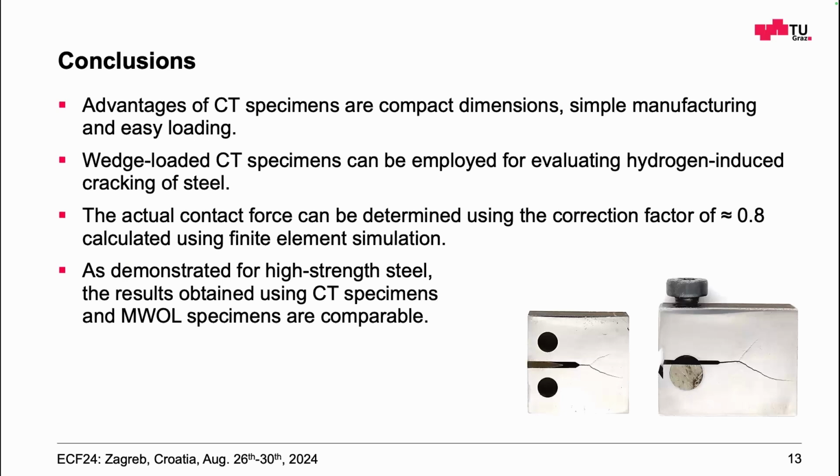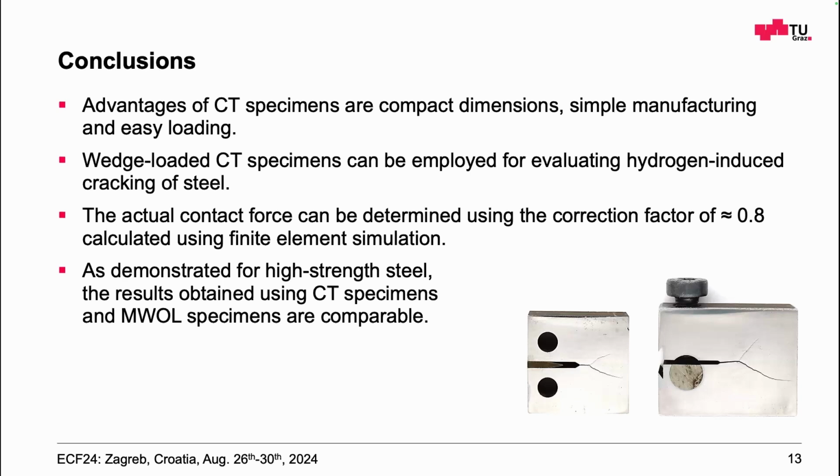To conclude my talk, the advantages of this simple geometry are that it's very compact, so you can put in more samples than with such a geometry, for example. The manufacturing is much simpler, and the loading is easier because you don't have to put the wedge inside. We successfully applied this to investigate hydrogen cracking.